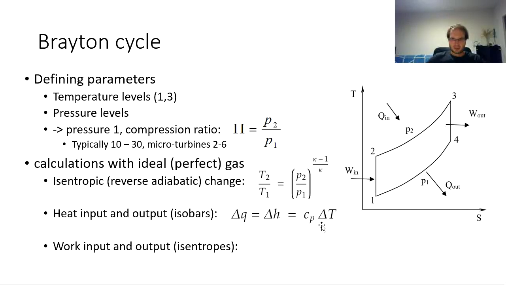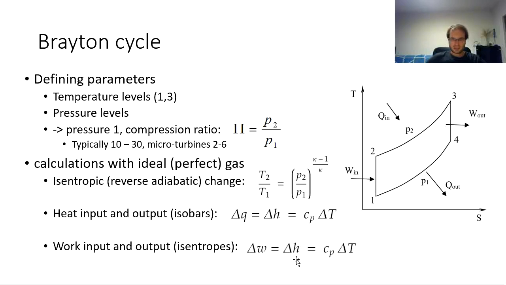And since we will consider the heat capacity to be constant, because we will consider perfect gas, the transferred heat will be Cp times delta T. Similarly, it will work with the work input and output, because for the isentropes the work can be expressed again as change in the enthalpy.